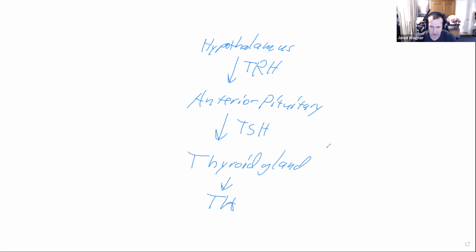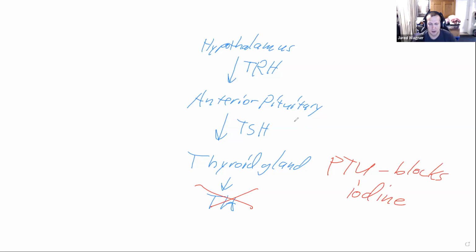All right, so remember if you give propylthiouracil, or PTU, we're still going to make TRH, we're still going to make TSH, but we're not going to make thyroid hormone, because PTU blocks iodine. And remember, iodine is 100% necessary for thyroid hormone production.